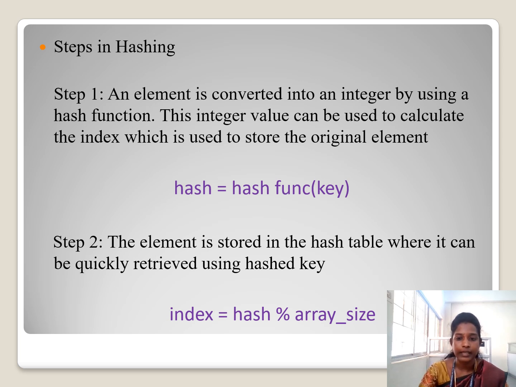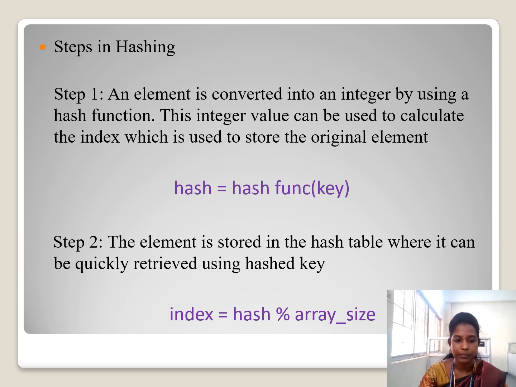After converting it into an integer, we apply the hash function and store the value at the particular index, so that we can retrieve the data as soon as we require. For this we use the formula: hash = hash function of key value.